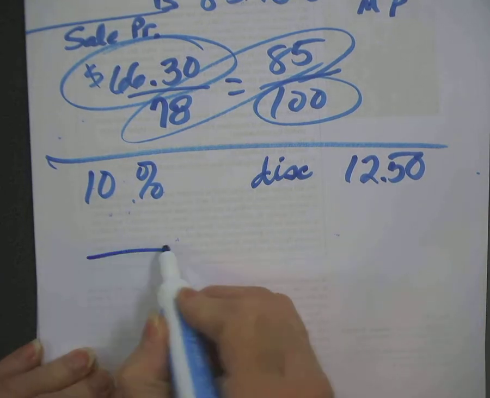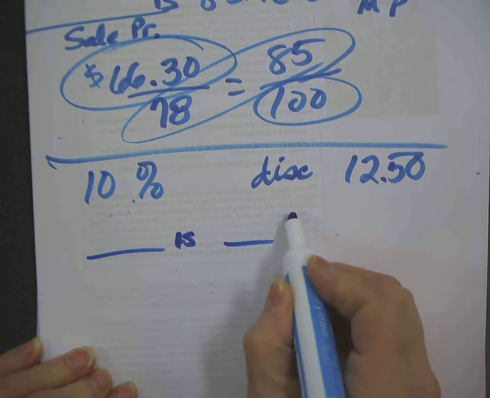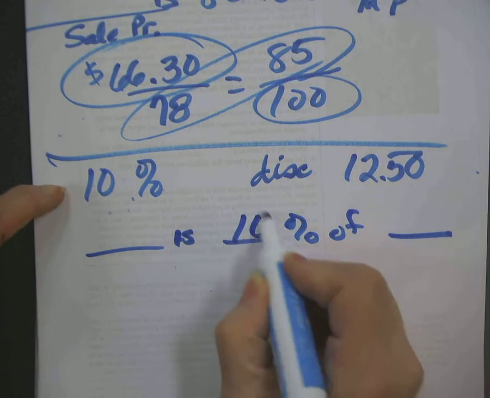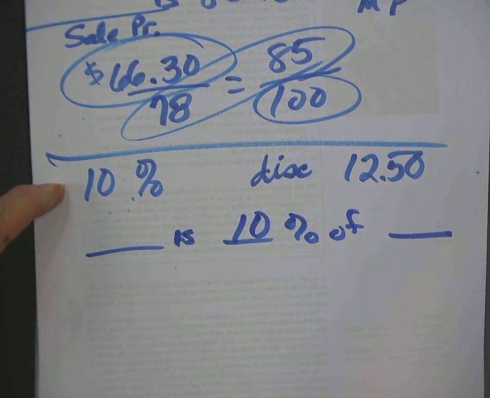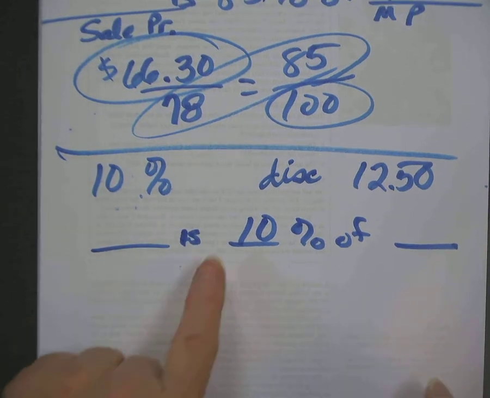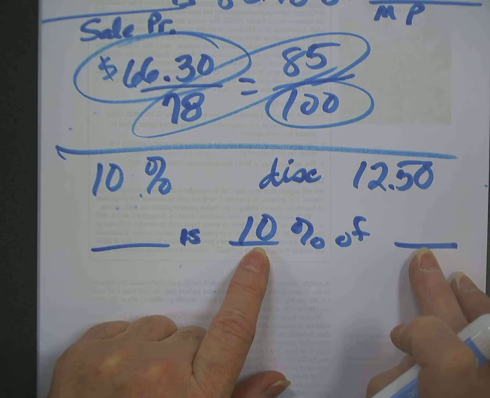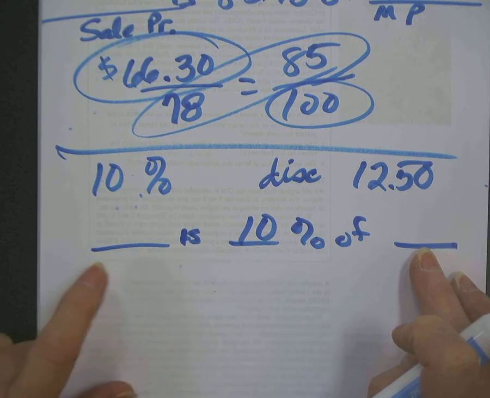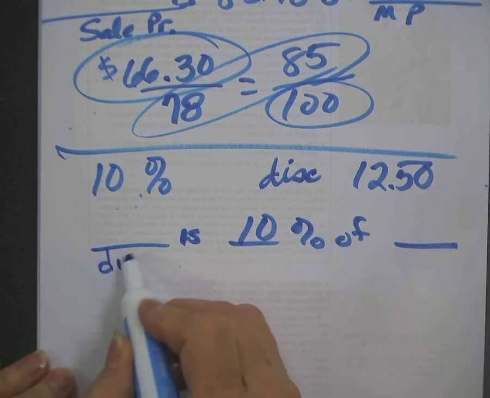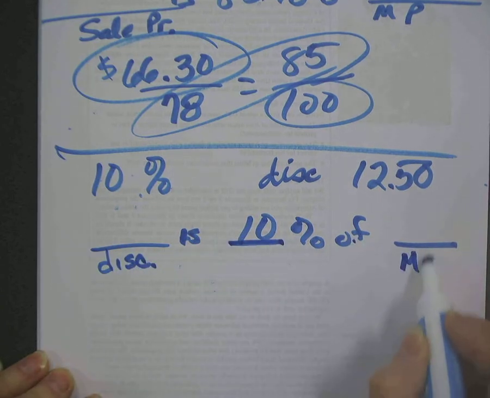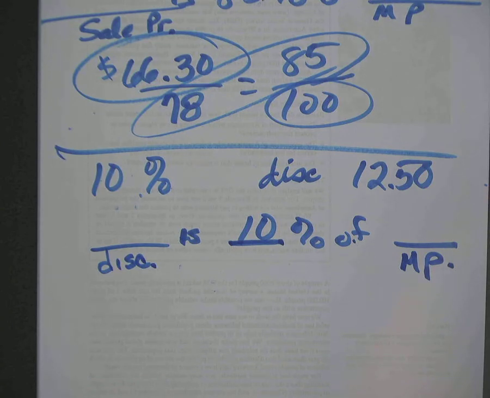Okay. Is blank percent of, so we know the percent was 10%. What is 10% of the price? The discount is 10% of your marked price, right? Does that make sense? You can figure out the marked price then.